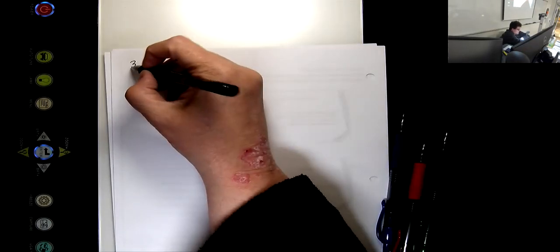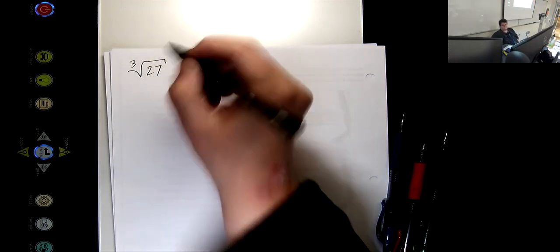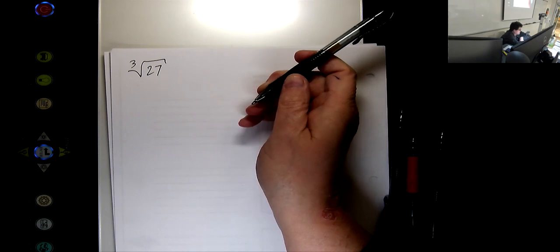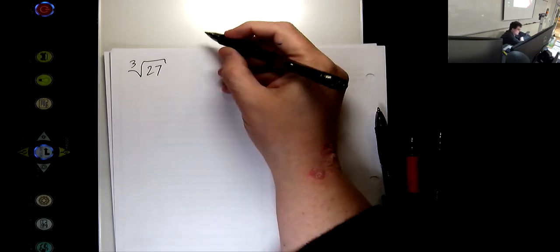Let's find the cube root of 27. If you already know it, you're good to go.